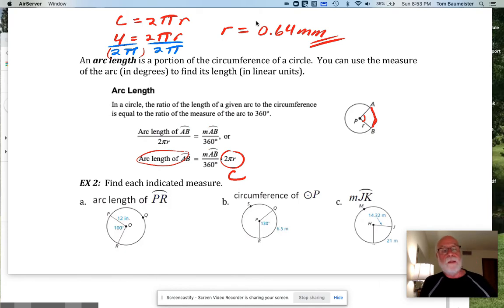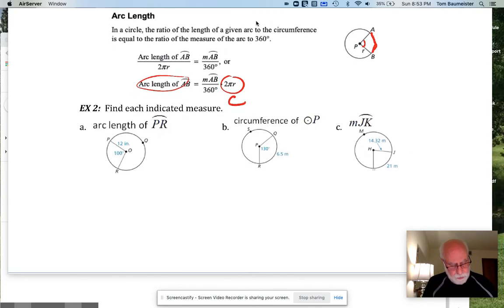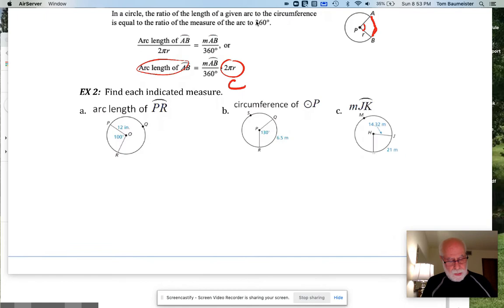So our last example here, we have 3 quick ones. So find each indicated measure. A, the arc length of PR. So here's our PR. All right, and I'm just going to keep writing this for you. So the arc length of PR, right?